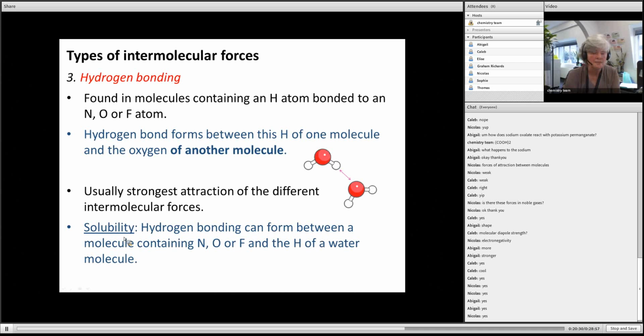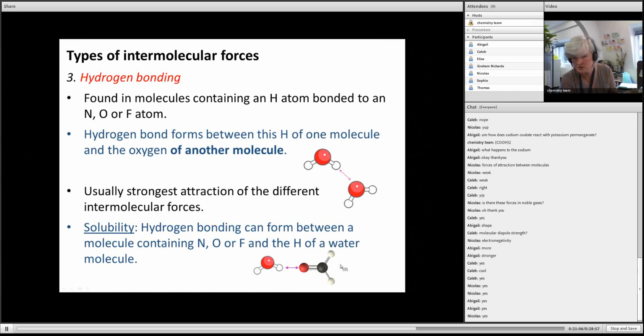there's 2 aspects when you look at hydrogen bonding. Looking at hydrogen bonding within the substance, and then looking at hydrogen bonding with water. Because can you see that if I have a substance that contains oxygen, take for instance, formaldehyde.